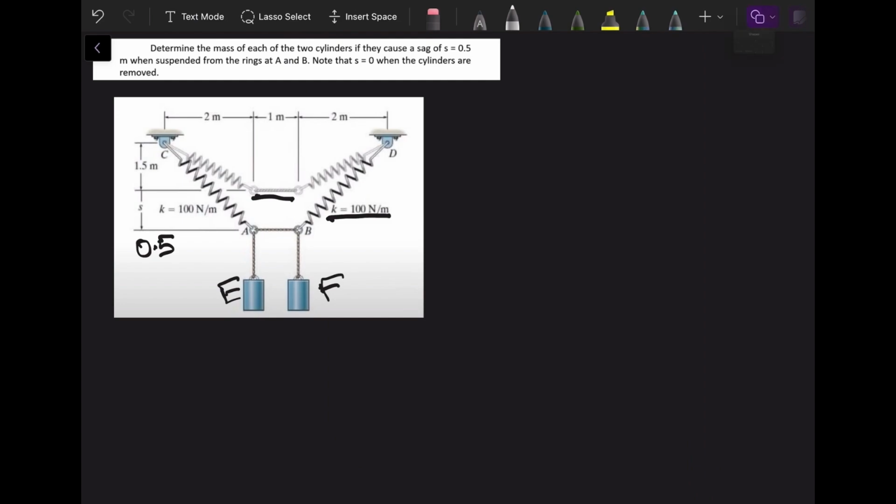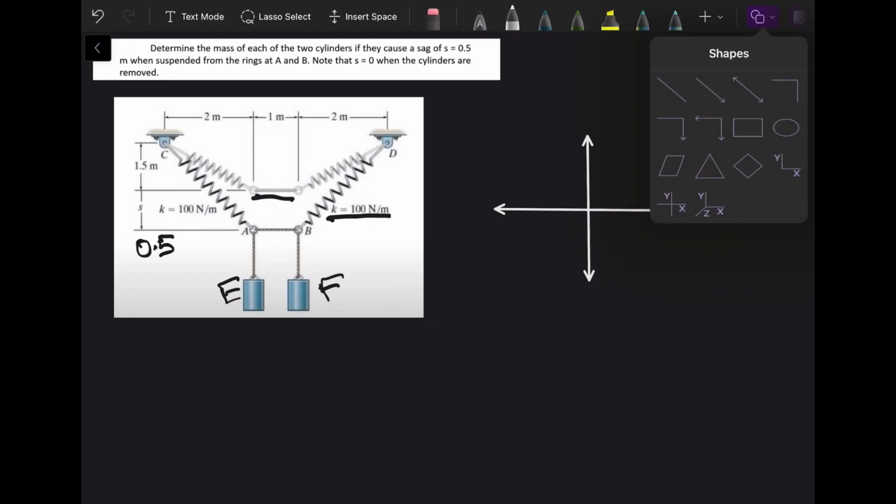So let me start by drawing the free body diagram at point A. Here, let me draw the spring.